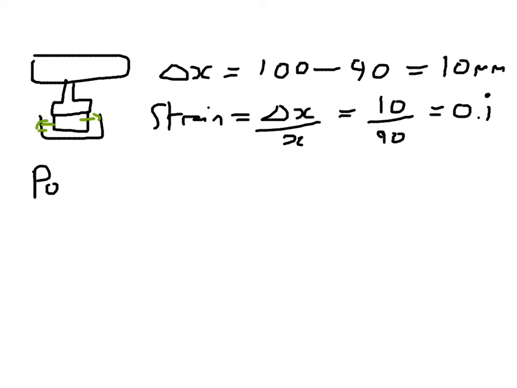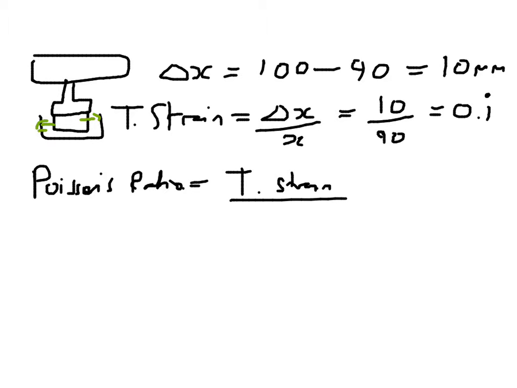Poisson's ratio is our transverse strain, delta x over x, divided by our axial strain, or delta y over y in this case, the change in the red arrows.